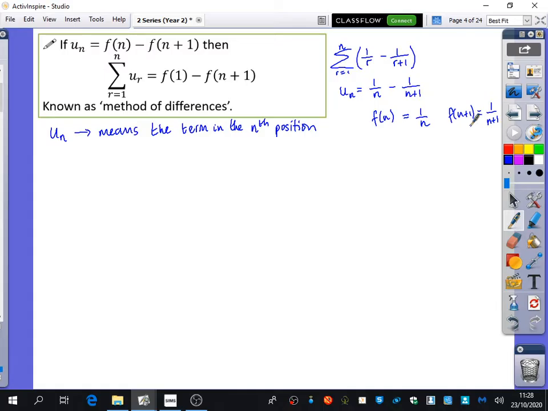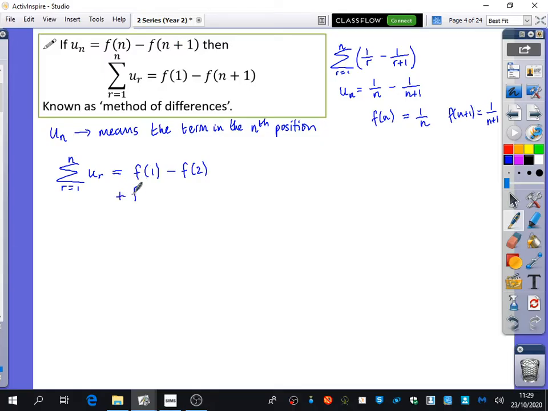So if we're going to do the sum from r equals 1 to n of u r, because we're substituting r in these different places here, we know if it's in this form that it would be substituting in 1. So it would be f of 1 minus f of 2. Do you see how I'm substituting in 1 to both of them for the first line? So I have f of 1 minus f of 2.